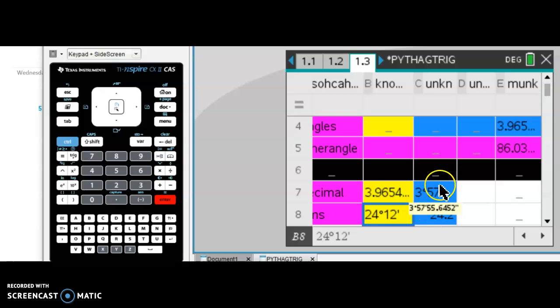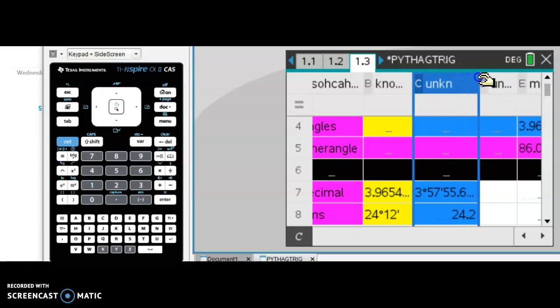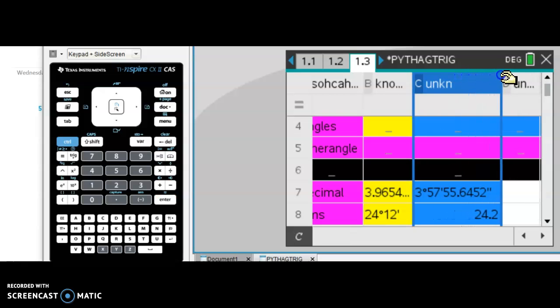Be careful at 55 seconds. You need to hover over it, or scroll it across. Remember, there should be the minutes, and there's the seconds. So it's 55 seconds, which means it rounds off to 58 minutes. And of course, 58 minutes would round off to 4 degrees.